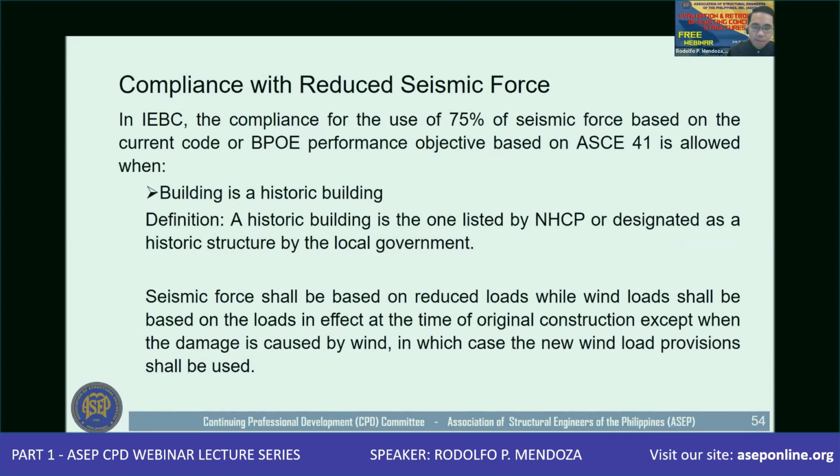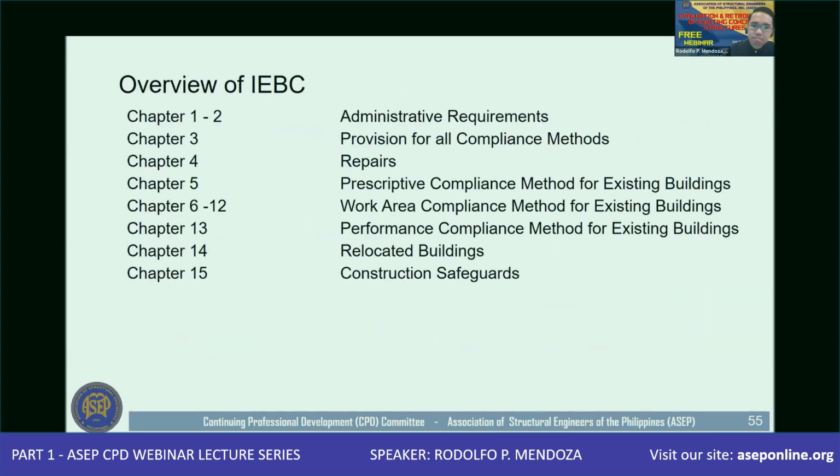That means we are allowed to use wind loads that are based on the loads in effect at the time of original construction, except when the damage is caused by wind. Okay, so in that case, we are not required to use the new wind load provisions in evaluating historic structures.